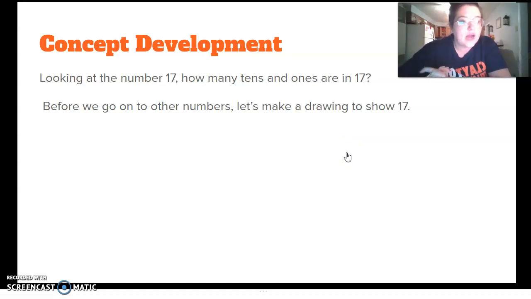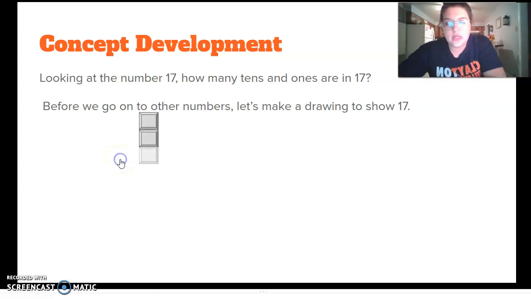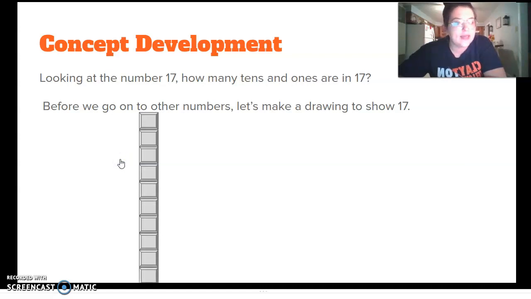The easiest way for us that we find to be the easiest way is to use quick tens and ones. So how many quick tens do I need? 1, because I have 1 10. So let's build a quick 10. 1, 2, 3, 4, 5, 6, 7, 8, 9, 10.